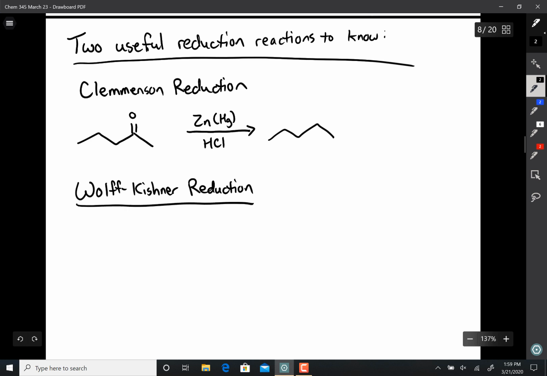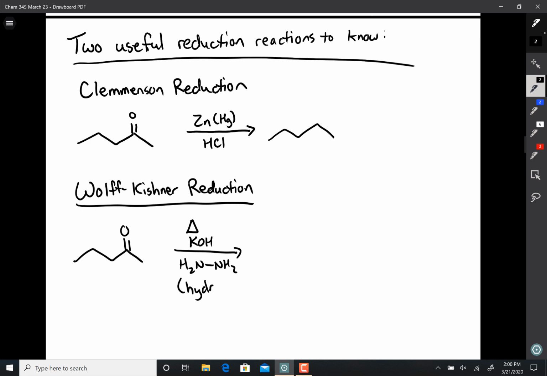And the Wolff-Kishner reduction. That uses heat, KOH, and this molecule here, two NH2s bonded to each other. It's called hydrazine.